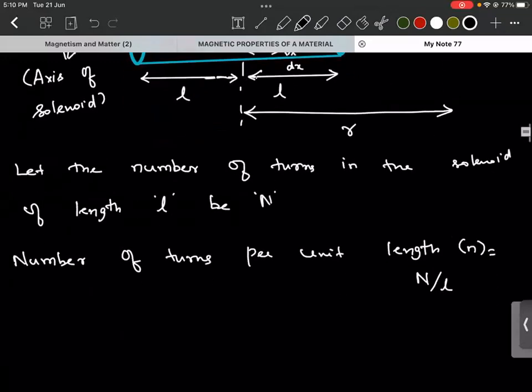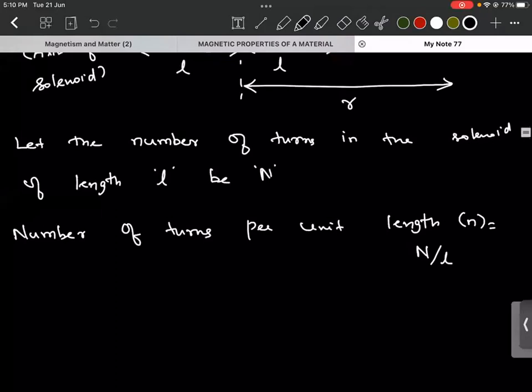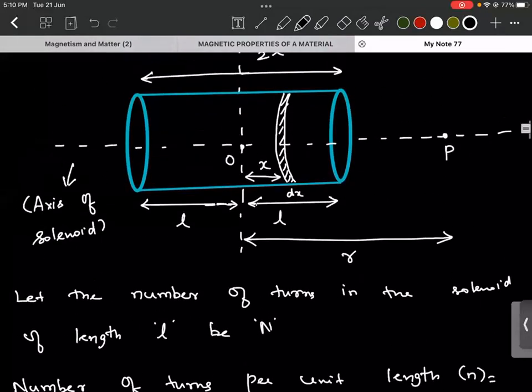Now listen to this. If I take this small portion of thickness dx, and the distance from the center to this point is x, let's say this distance is a.